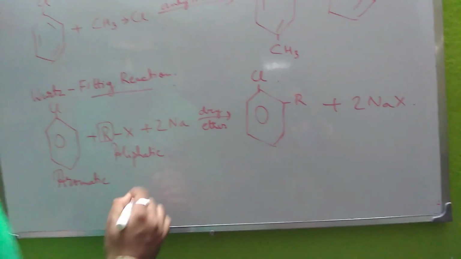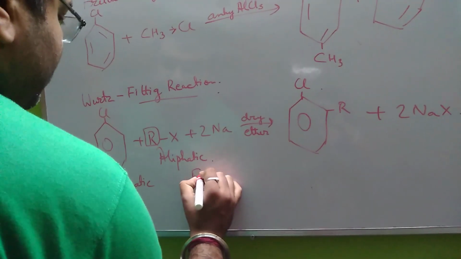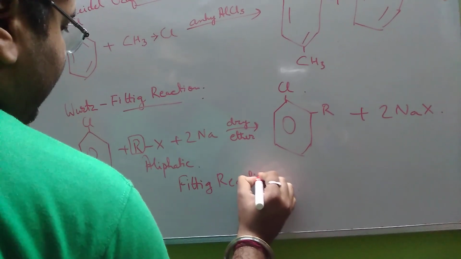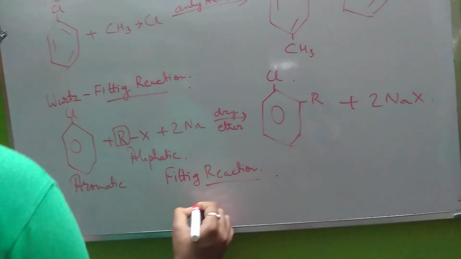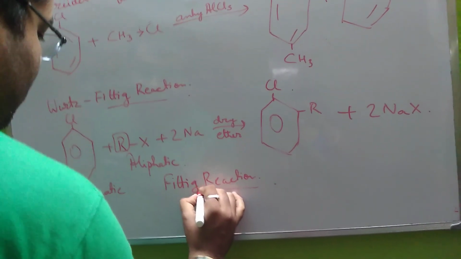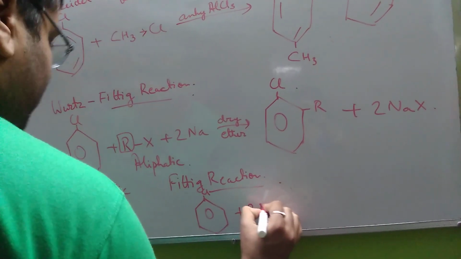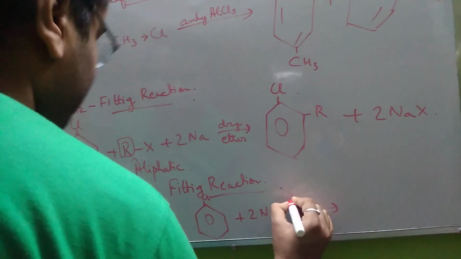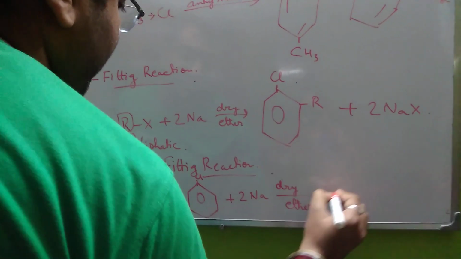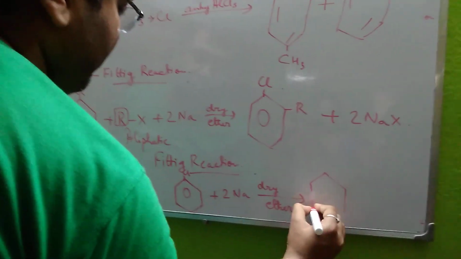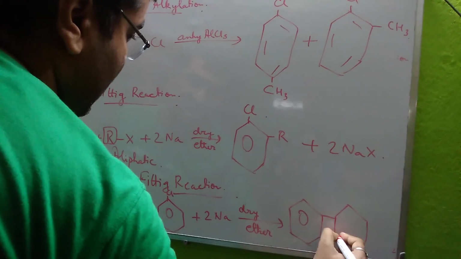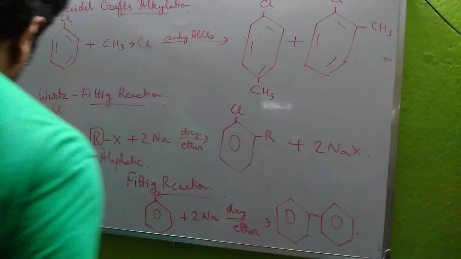And the last one is the Fittig reaction. You will be finding over here chlorobenzene when it reacts with two sodium atoms in the presence of dry ether. Now this reaction is again very important. It will be forming a biphenyl structure.